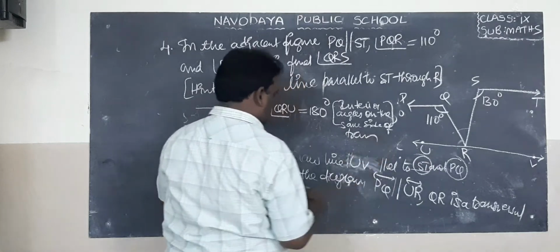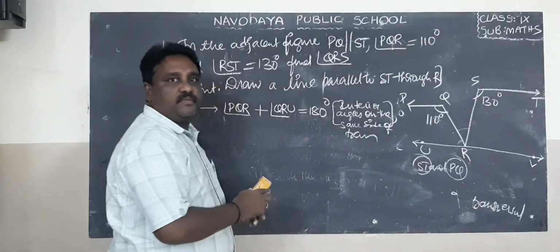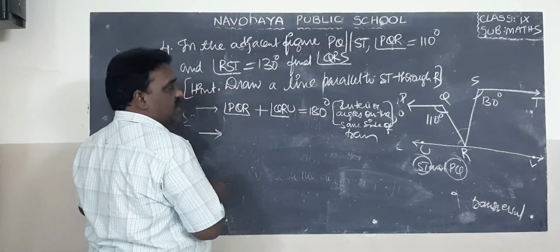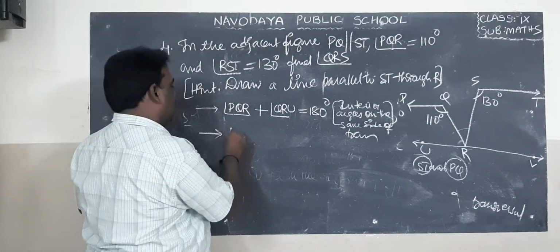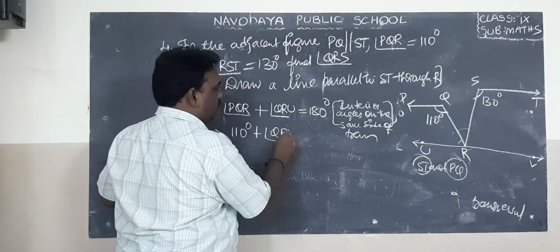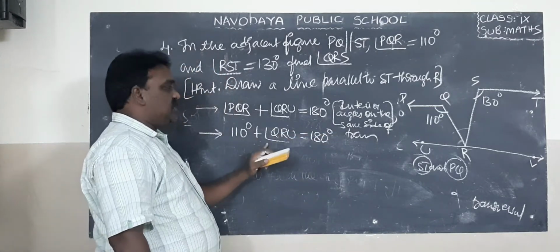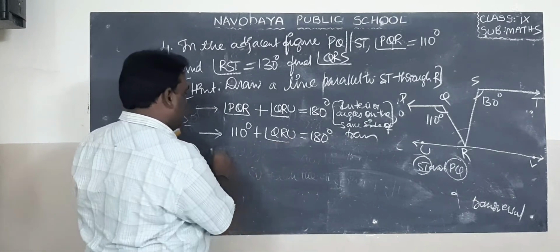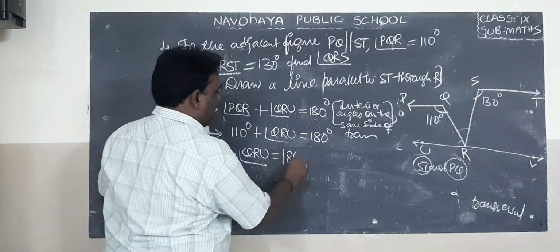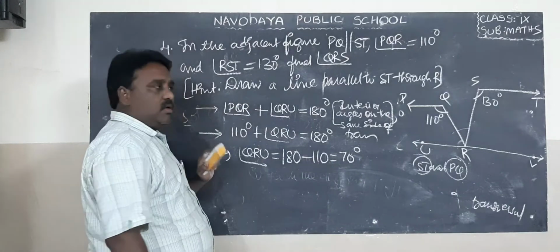So 110 plus angle QRU equals 180. Angle QRU equals 180 minus 110, which is 70 degrees.